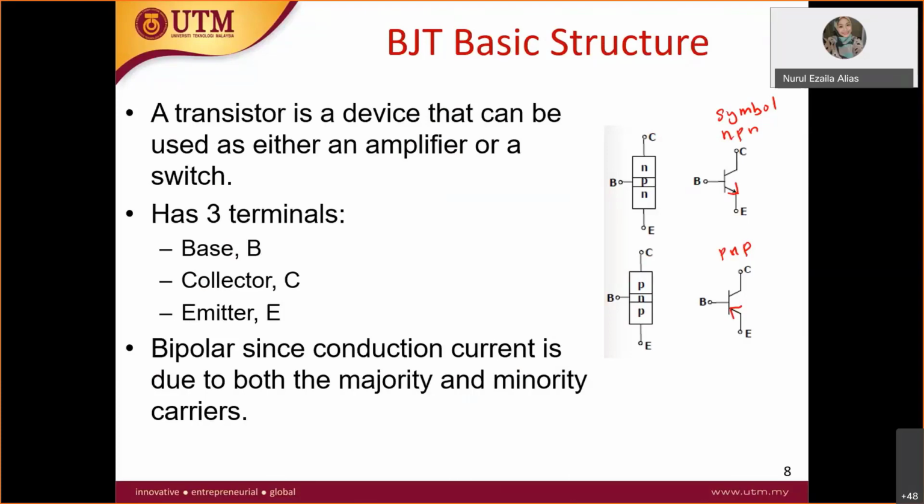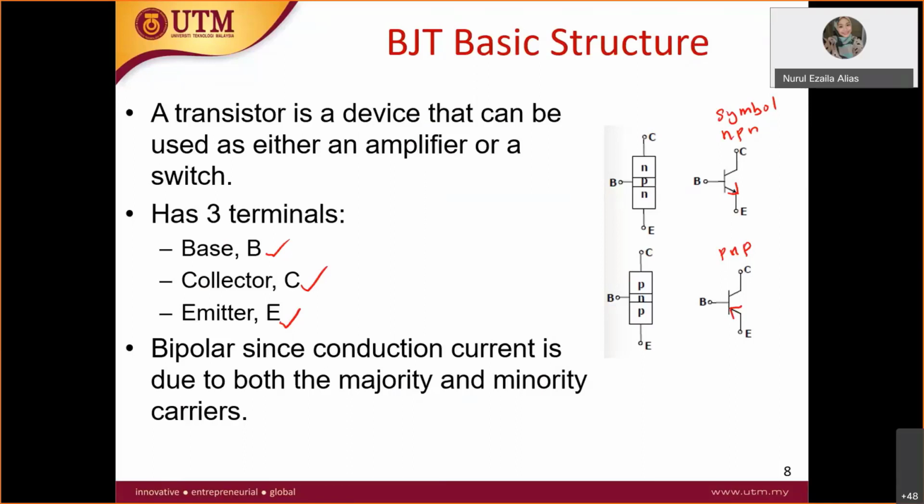With a diode you only have one current flow, either forward bias or reverse bias, ID. But in BJT you have three currents: base current, collector current, and emitter current. It is bipolar since the conduction current is due to the majority and minority carriers. So this is how the symbol looks.